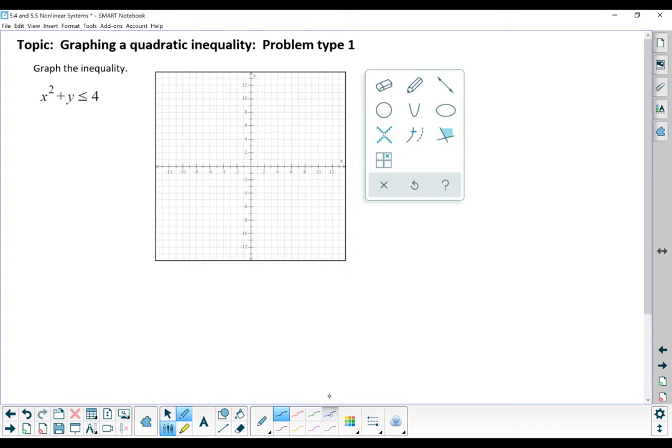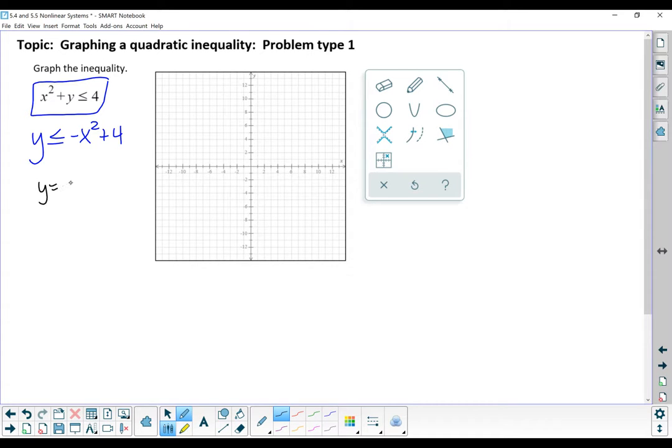So the inequality that we're going to graph first is x squared plus y is less than or equal to 4. In this inequality, we want to isolate our y. So if we subtract the x squared, we have y is less than or equal to negative x squared plus 4. To graph an inequality, you graph the related equation.